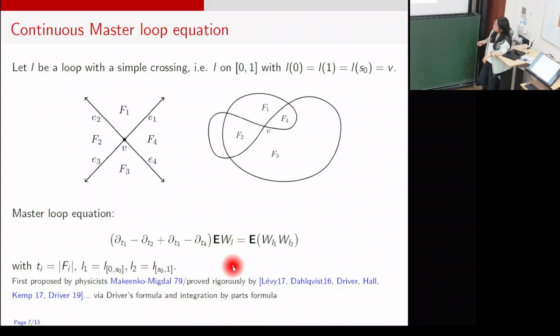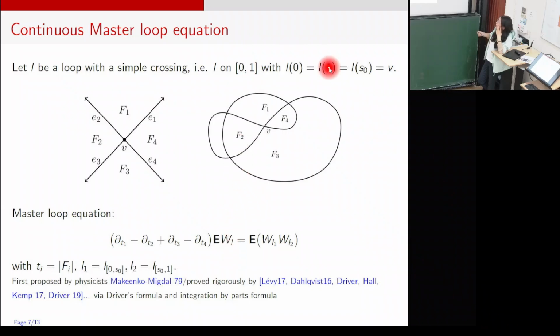This means the expectation of this Wilson loop. On the left, we get the area derivatives of the expectation of this Wilson loop. This area derivative with respect to t_i equals the area of each F_i here. And on the right, we also have the splitting part.